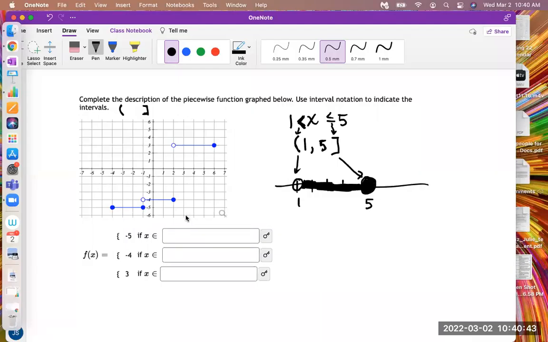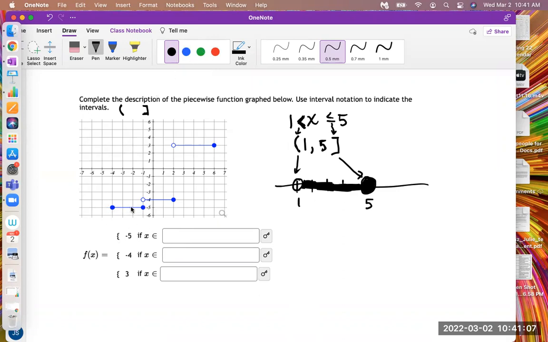Okay, so let's go to this. I focus on this first little line. It says the function is equal to -5 when x is in this interval. They're asking, on what interval is this function equal to -5? So look right here, here is -5.